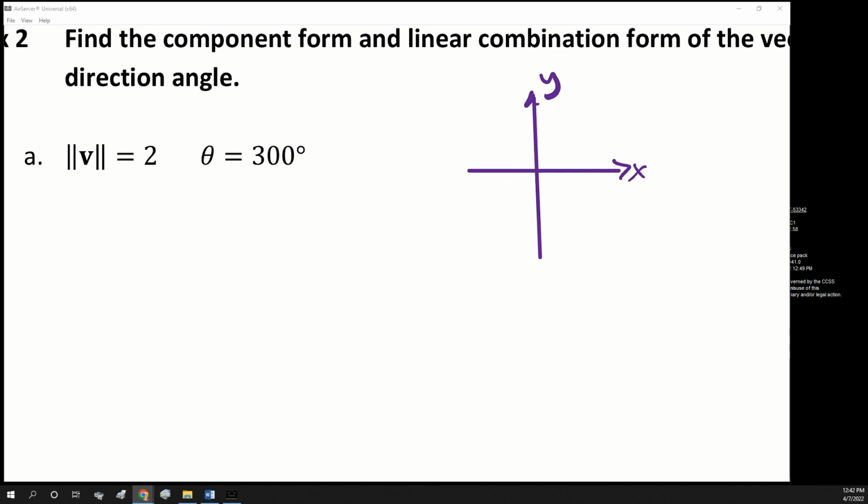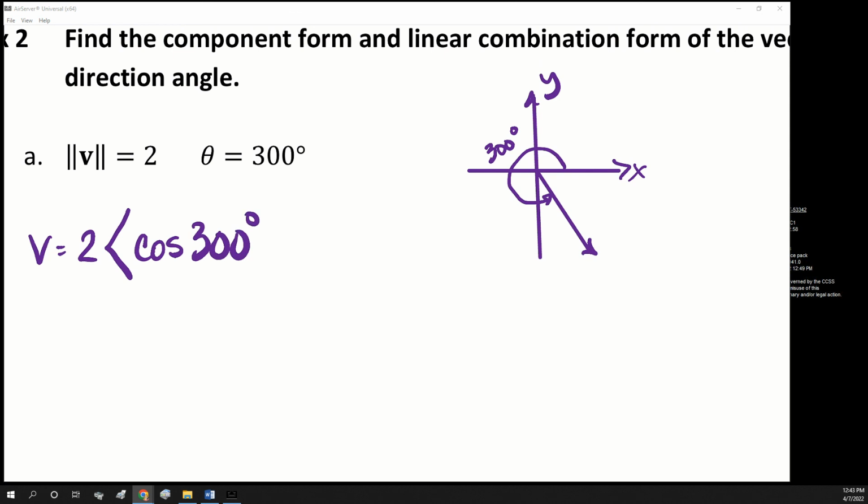So what quadrant is that going to put us in? All right, so our formula, we take the magnitude and multiply it by the cosine of theta and then the sine of theta. Theta in this case is 300.